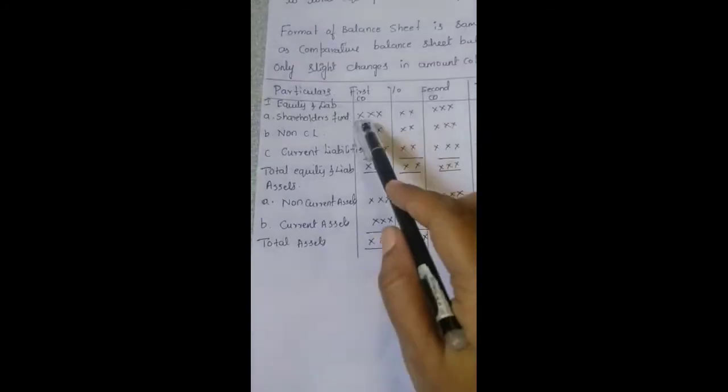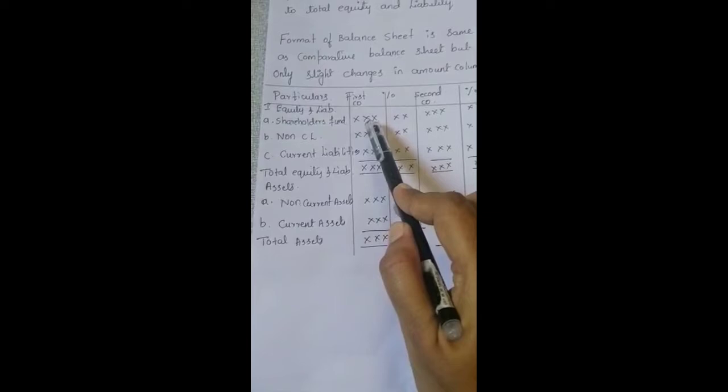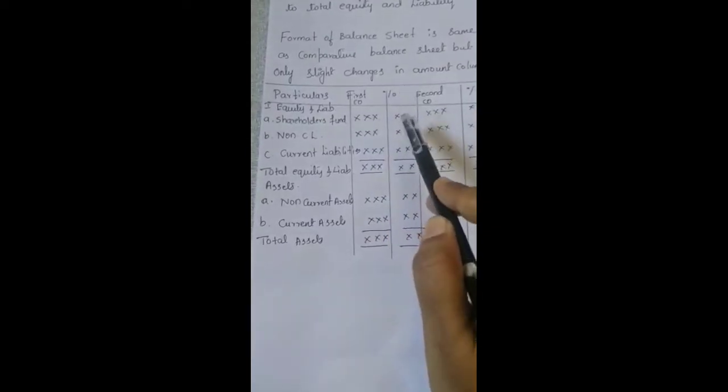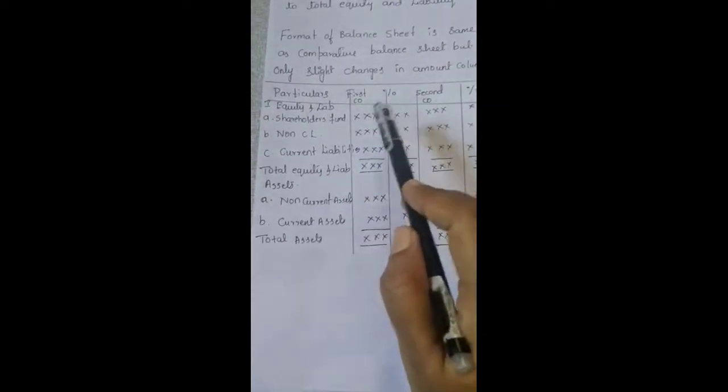This amount should be converted into percentage and mentioned next to the amount column of that particular company, and the same for the other company.